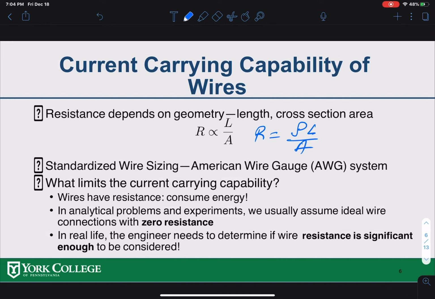So you can see that if you go a longer distance, you have more resistance. If you have, let's say, a thicker wire, which is the greater cross section, you have less resistance.